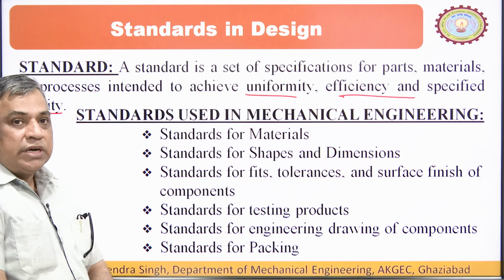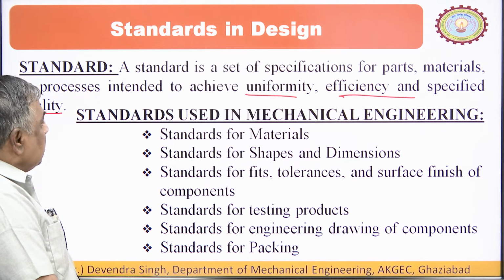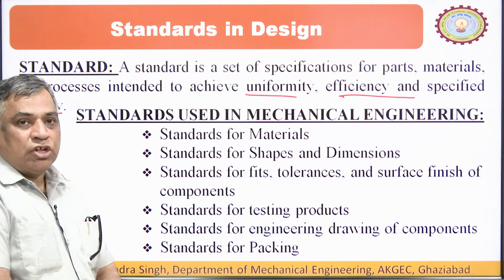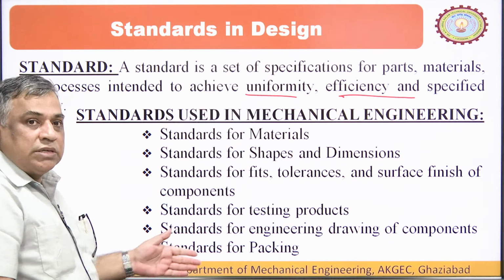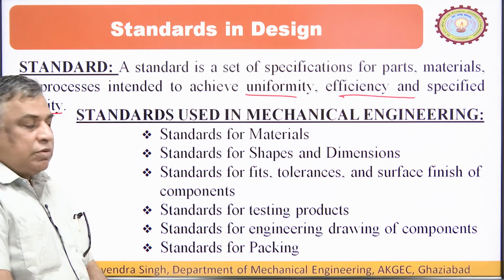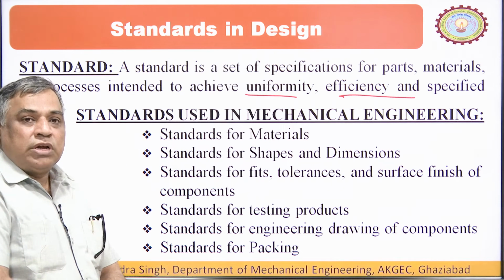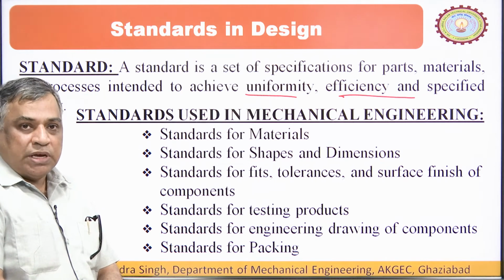As far as standards are concerned, there are a number of standards we use in a machine design office. First of all, a few standards have been listed here, which are popular ones. First one is standards for materials. There are standards from which we can get the materials for a particular application.